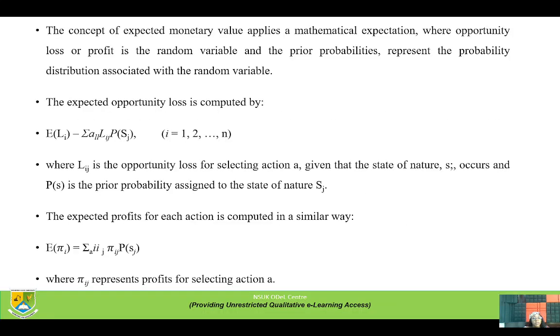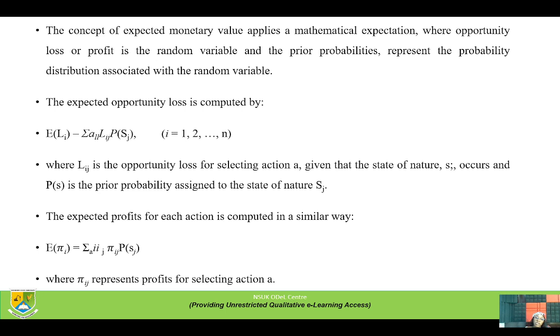The concept of expected monetary value applies a mathematical expectation where opportunity loss or profit is the random variable and the prior probabilities represent the probability distribution associated with the random variable.